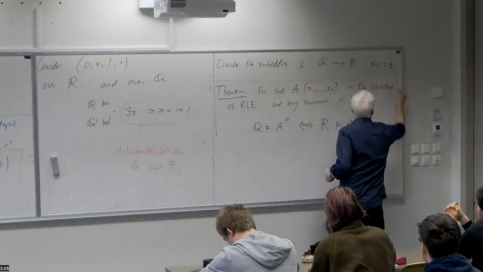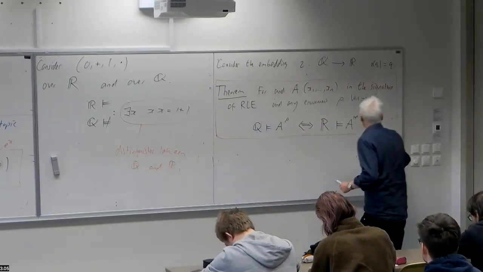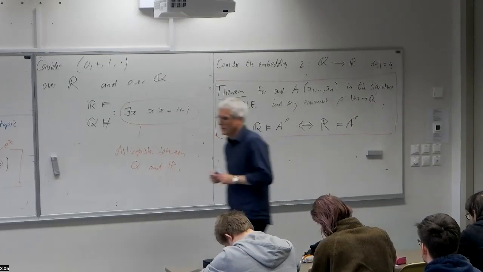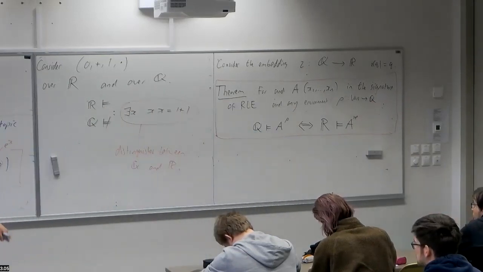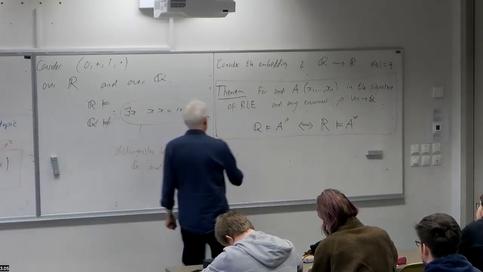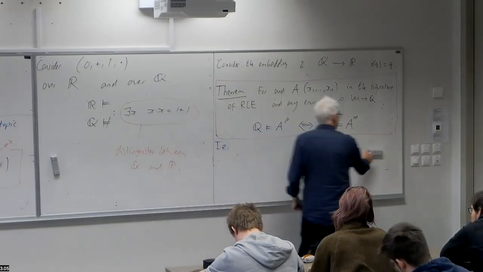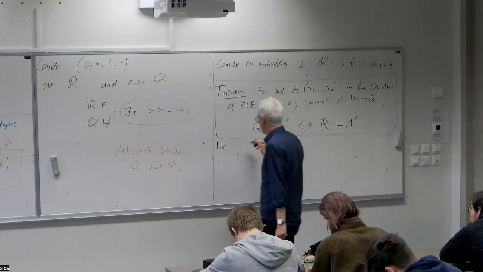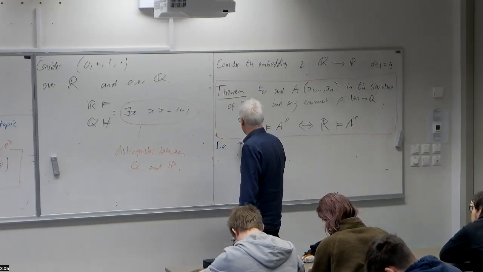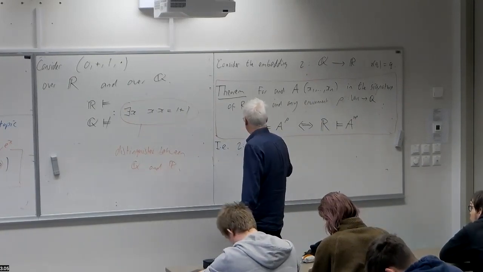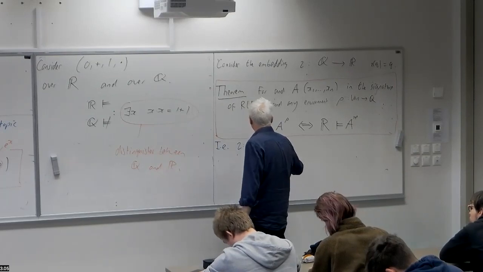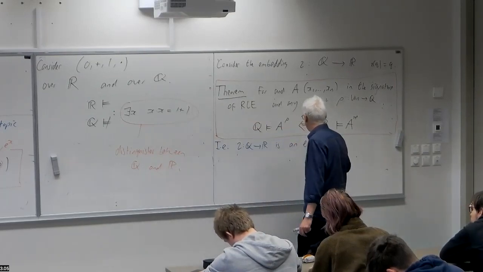And moreover, it gives us an example of something we're going to meet later on in the course. I'll just state the terminology now: the function iota from the rationals to the reals is what's called an elementary embedding.